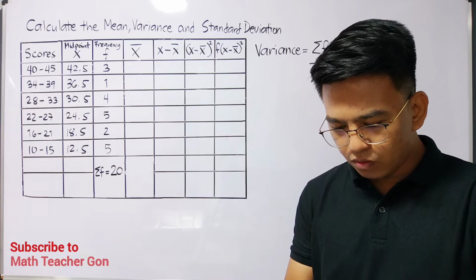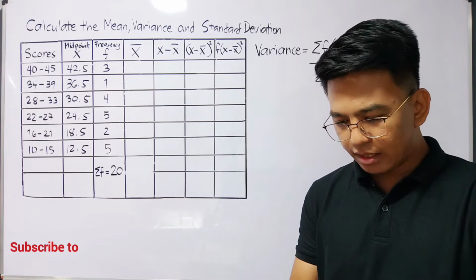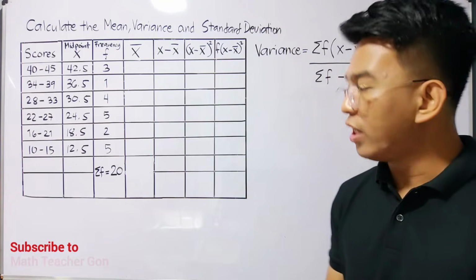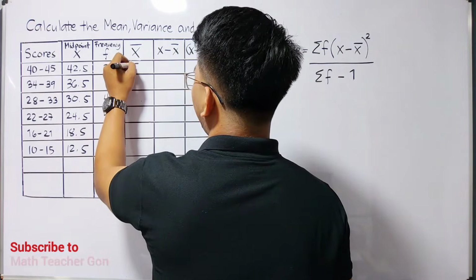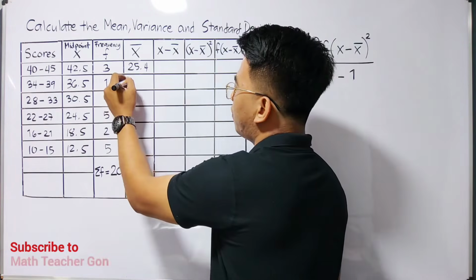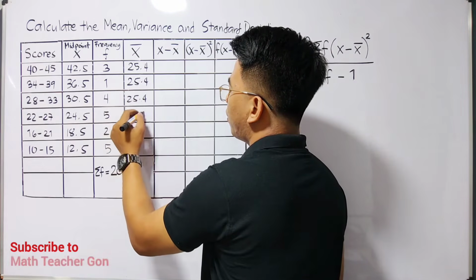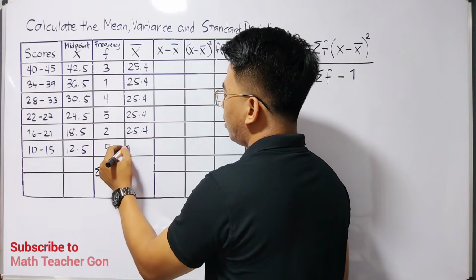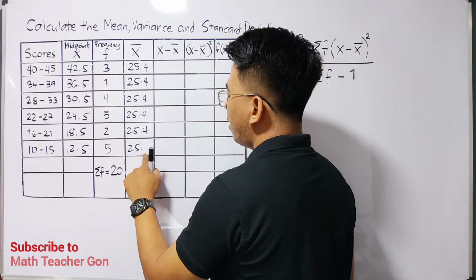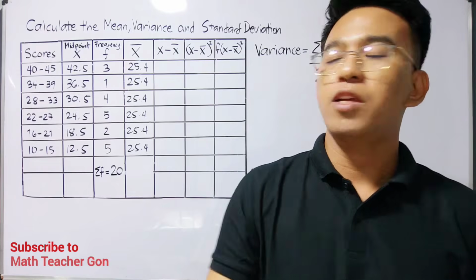The mean is equal to 25.4. So we have here 25.4. Let's make all of these 25.4 so we won't have a hard time: 25.4, 25.4, 25.4, 25.4. Some do not require this column, but in our tutorial this is the main target, so we include the 25.4.